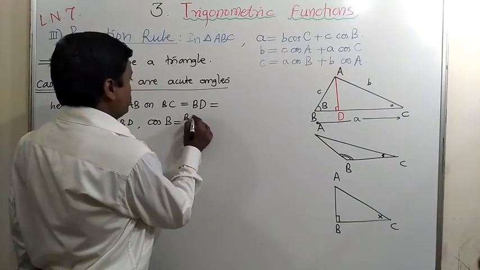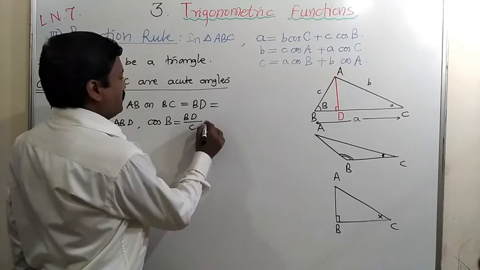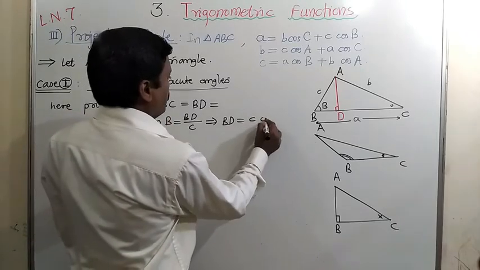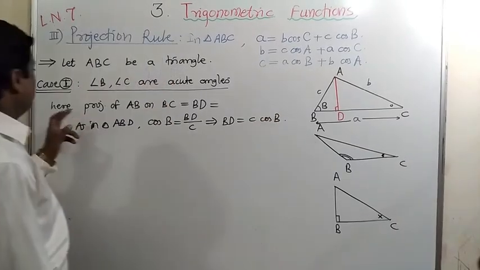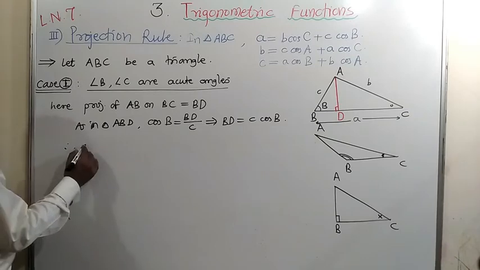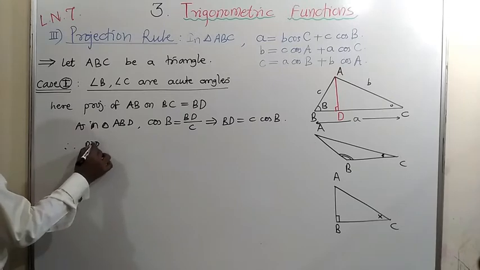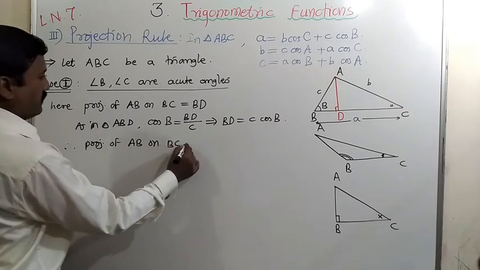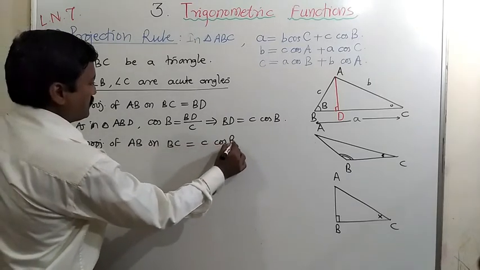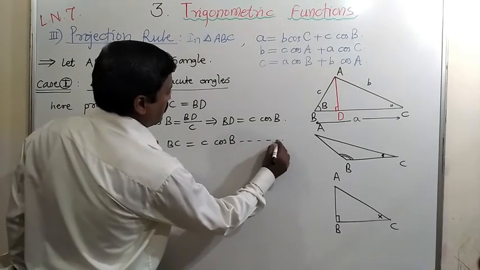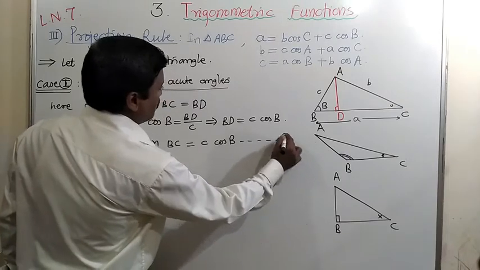So adjacent is BD and hypotenuse is c, which implies BD is equal to c cos B. So the projection of AB on BC is equal to BD. Therefore BD is equal to c cos B. Therefore the projection of AB on BC is equal to c cos B. This is the first.